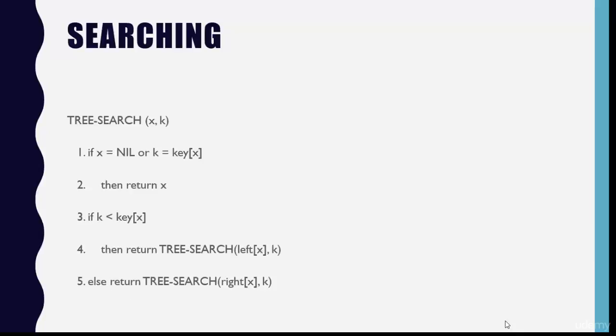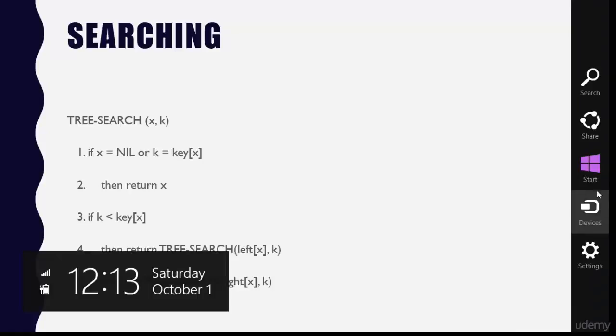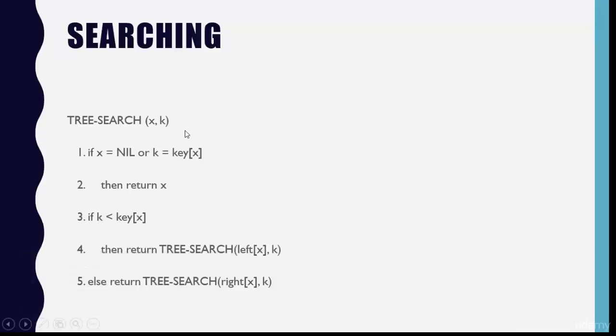This procedure begins its search at the root and it traces a path downward in the tree. For each node x it encounters, it compares the key k with key of x.